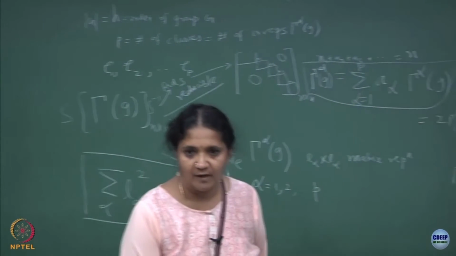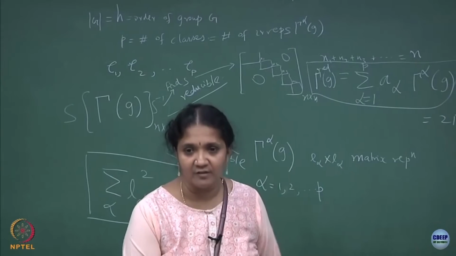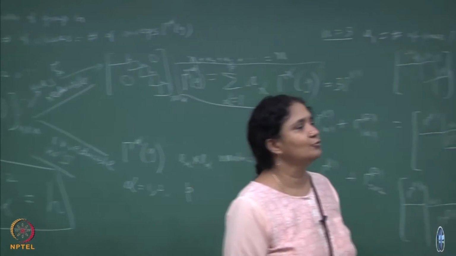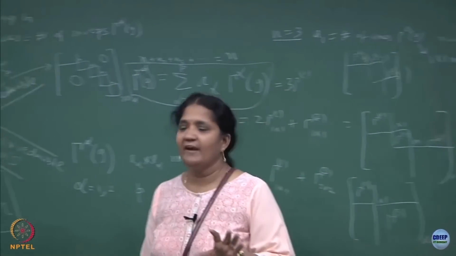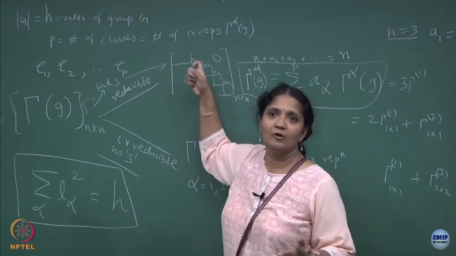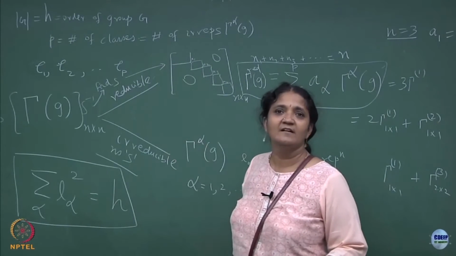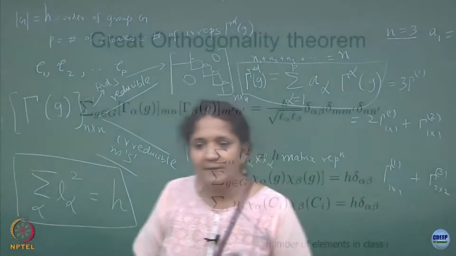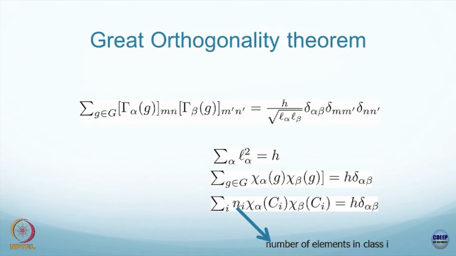And then I got to the postulate of the great orthogonality theorem. I am not here to prove it; in fact, you can use this great orthogonality theorem to prove all these things. I am not proving it, I am saying as a consequence you get these. You can do the proofs if you want, but as of now from the great orthogonality theorem you can prove this L alpha squared equal to h, and you can also show that if you take the trace of those matrices.